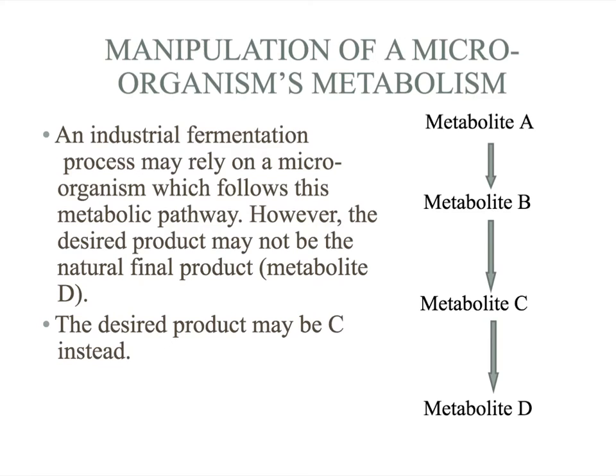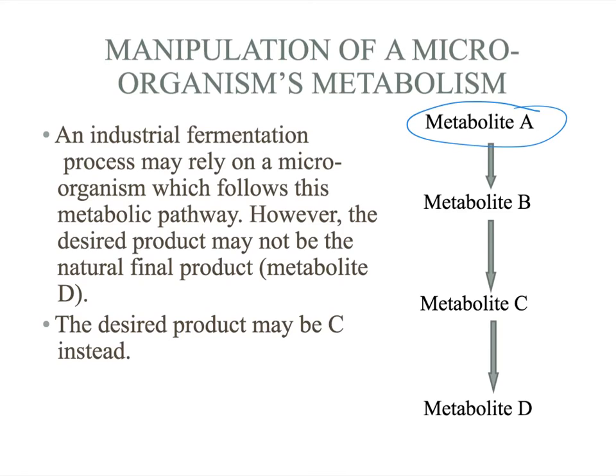Now imagine you've got your microorganism, it's growing away. You've done tests to make sure that it's growing well during that log phase, during that exponential growth, and you've drawn all these graphs to show that. You've got your industrial fermenter and your organism there, and it follows this pathway.